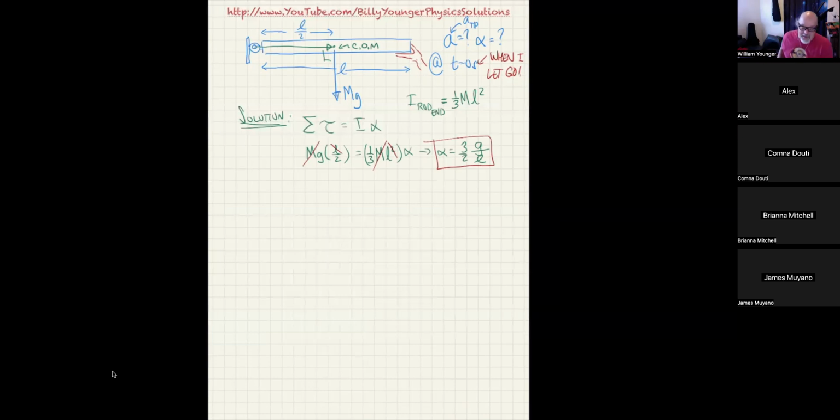So in this case, we're going to use a equals r times alpha to compute a, but I want to know a for the tip. So anybody have an idea what r to use?